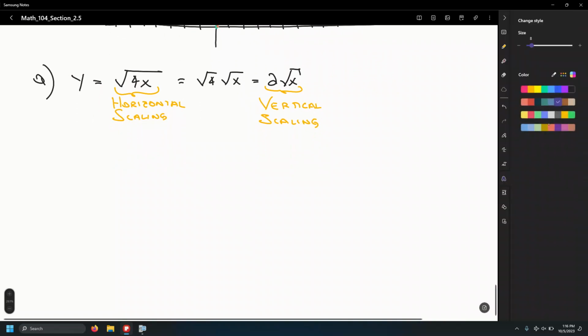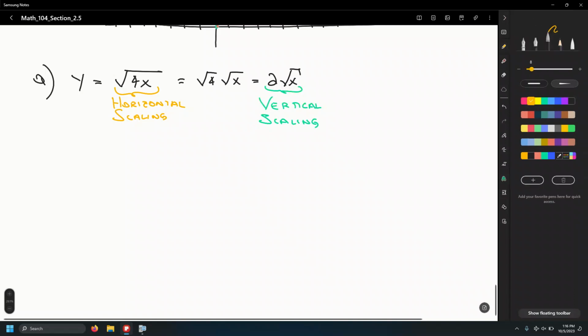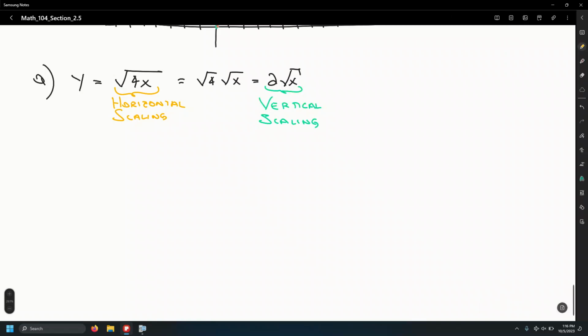Let me change color real quick. Let me change this to green maybe. Yes, it'll be good. All right, so y equals the square root of 4x. Well, hold on.